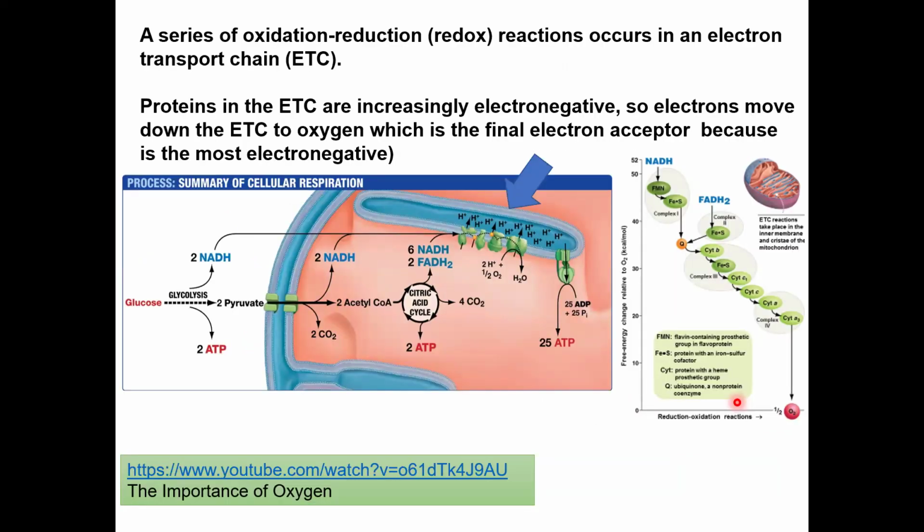So basically it's a whole set of redox reactions, which are oxidation and reduction reactions, occurring in an electron transport chain where the proteins are increasingly electronegative. The electrons move down the electron transport chain to the oxygen, which ends up being the final electron acceptor, since it is the most electronegative of all of these components we see here.